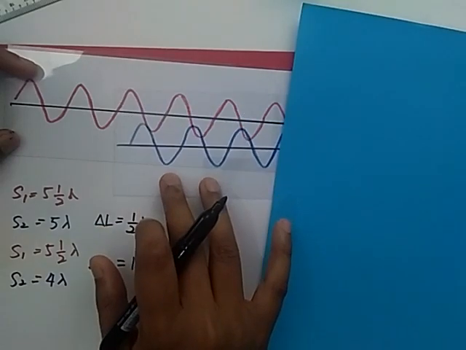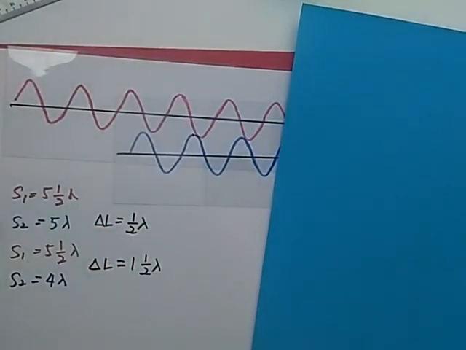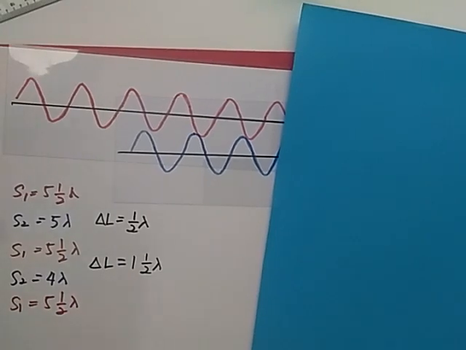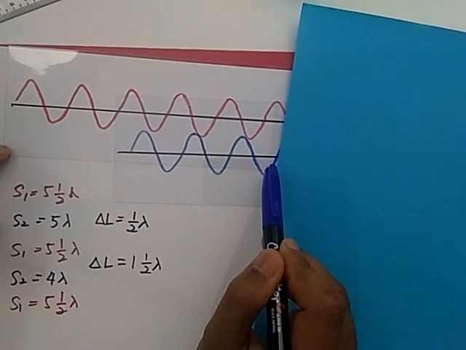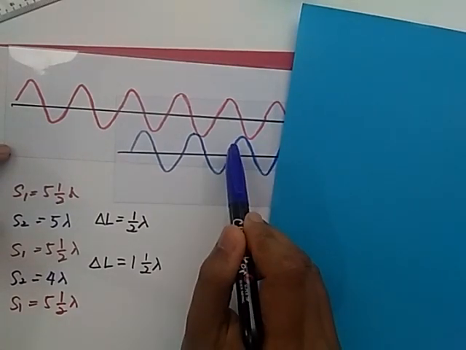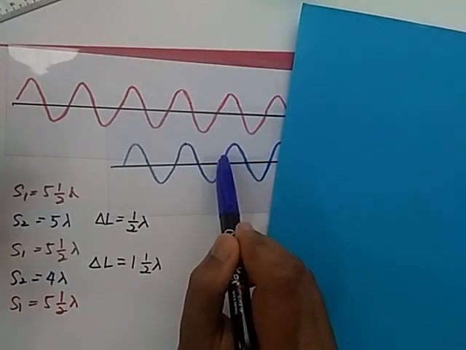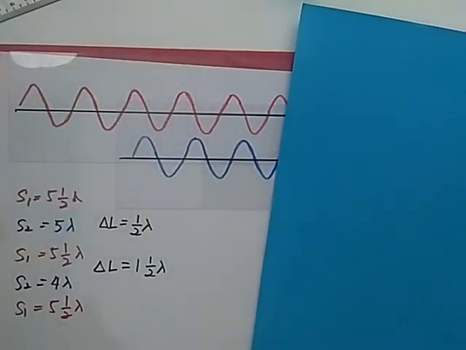Dan yang seterusnya dalam kes ini pula kita dapati yang merah 5.5 lambda, but the blue light, the blue source, the blue line is 1, 2 and 3 lambda.